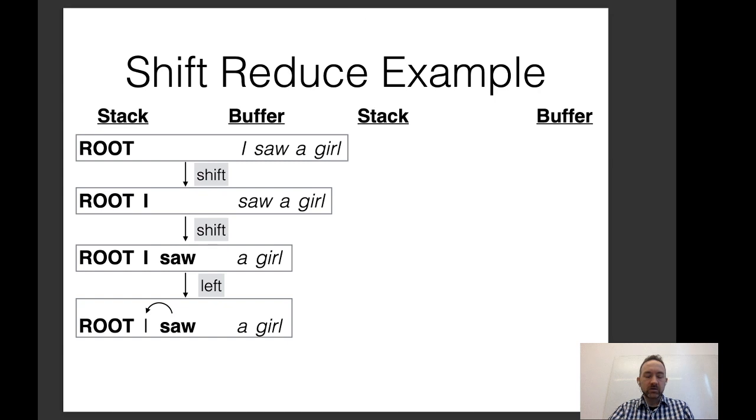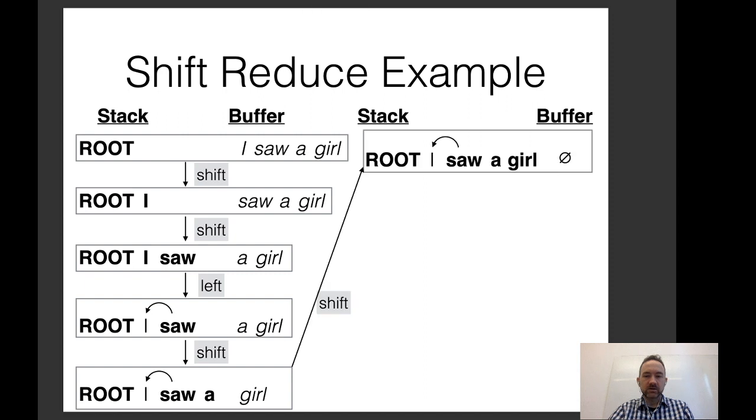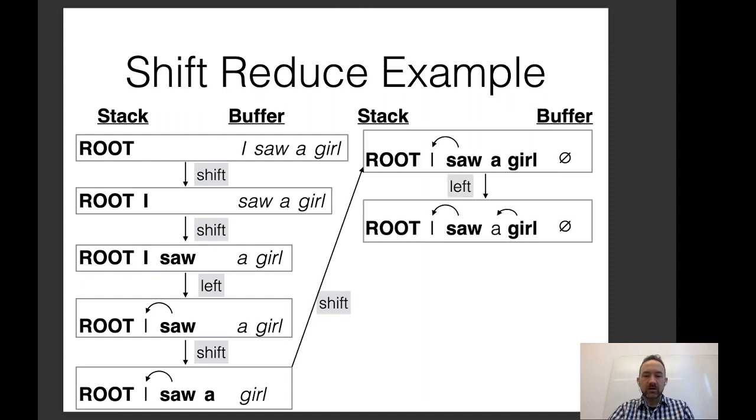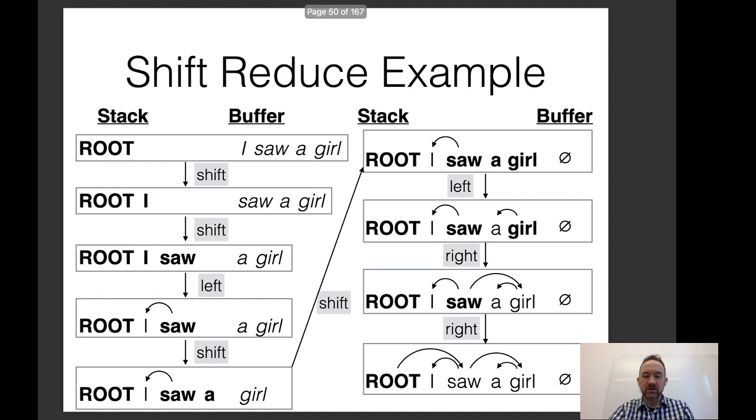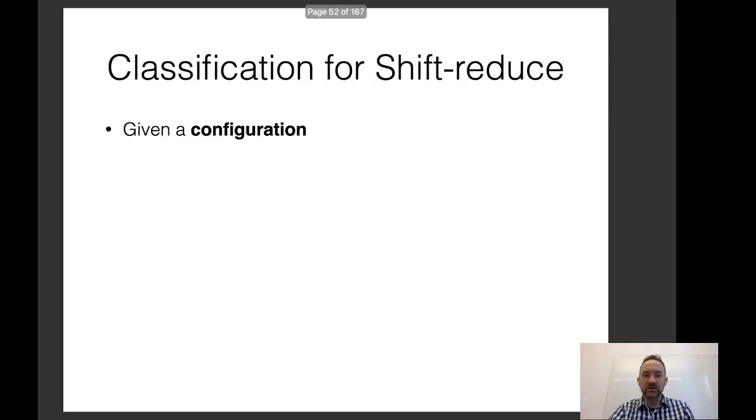Then we do the left action, which makes a left-pointing arrow between the top two stack elements. We shift again to get another word on the stack, shift again, and then we do left to make a left-pointing arrow between the top two stack elements. We do right to make a right-pointing arrow between the top two stack elements, and then we do right. Now we have a single item on the stack and no items in the buffer, which indicates that we're done parsing. So you can see if you choose the right actions, then we will get the right tree.